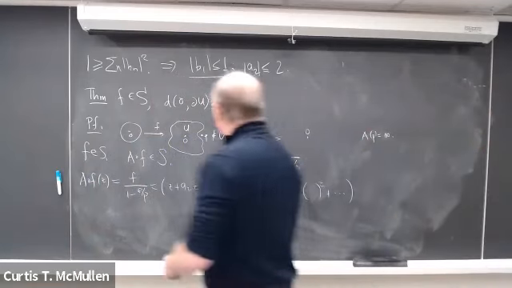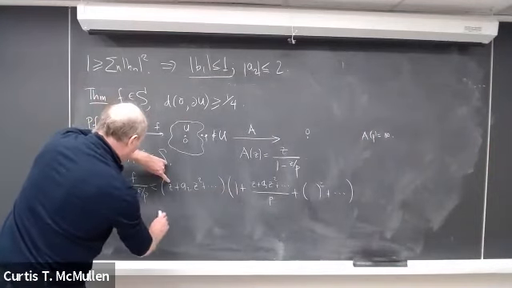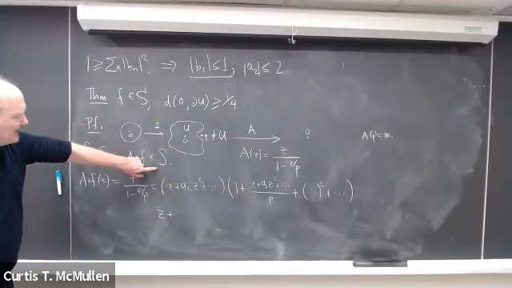And so if we start working out the power series here, we take z times 1 and we get z. That's good. So this function is still normalized the way it needs to be to belong to S.